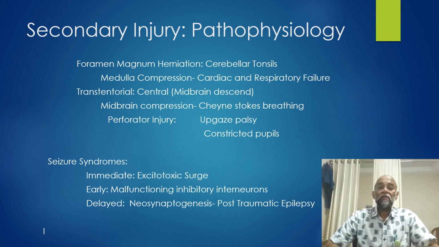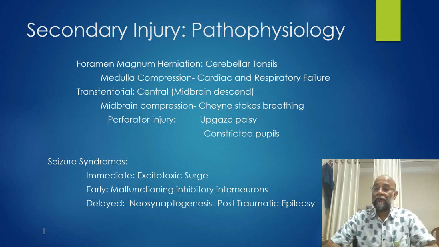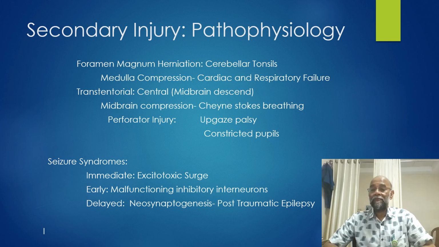Continuing with the herniation syndromes, you can have a foramen magnum herniation. The pressure inside the posterior fossa has also increased, resulting in the cerebellar tonsils descending through the foramen magnum, along with the spinal cord. Now, this occurs in Arnold-Chiari malformations also.